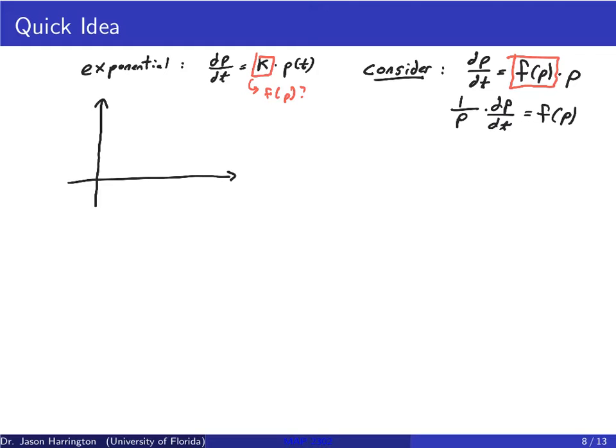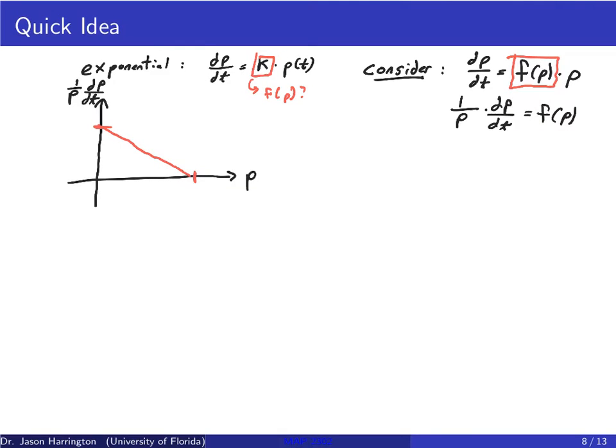Now here's how this works. I'm going to have p here, so I input p, and then I output, say, 1 over p dp over dt here. And let's suppose I have a model that's just linear and that's decreasing. Let's see if that would make sense.